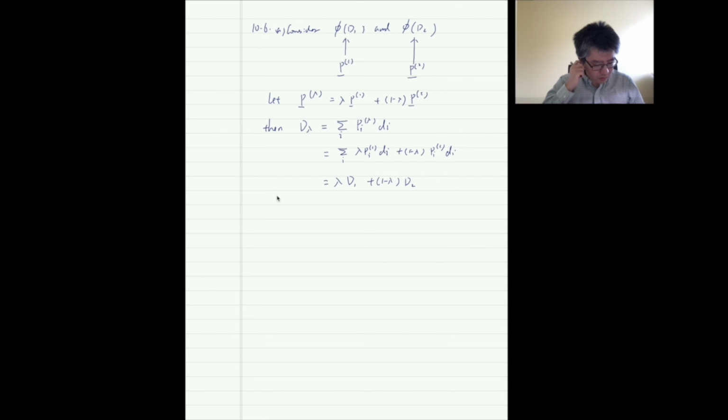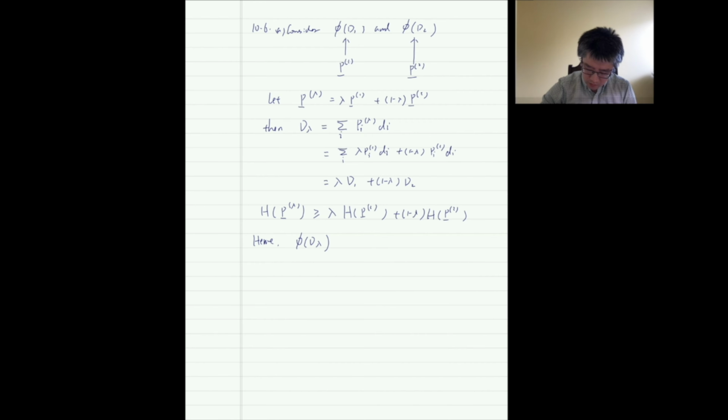Okay, very good. And the next step is that, by using the concavity of the entropy as a function of p, we can get that this is bigger than lambda H(p1) plus 1 minus lambda H(p2). Okay, and you can see that we're almost there, right? The next step is that we're going to show the final result.